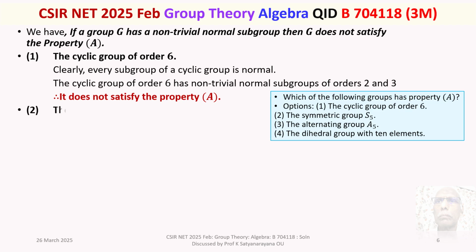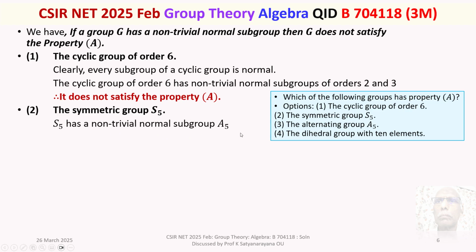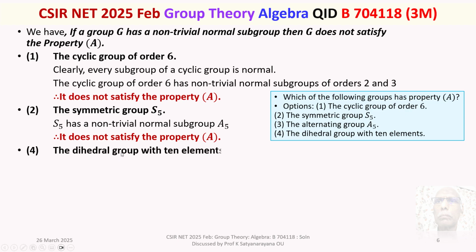Go to the option 2, the symmetric group S5. For S5, we are certain A5 is a normal subgroup of S5. S5 has a non-trivial normal subgroup A5. Therefore, it does not satisfy the property A. Option 4, the dihedral group with 10 elements, that is D5.